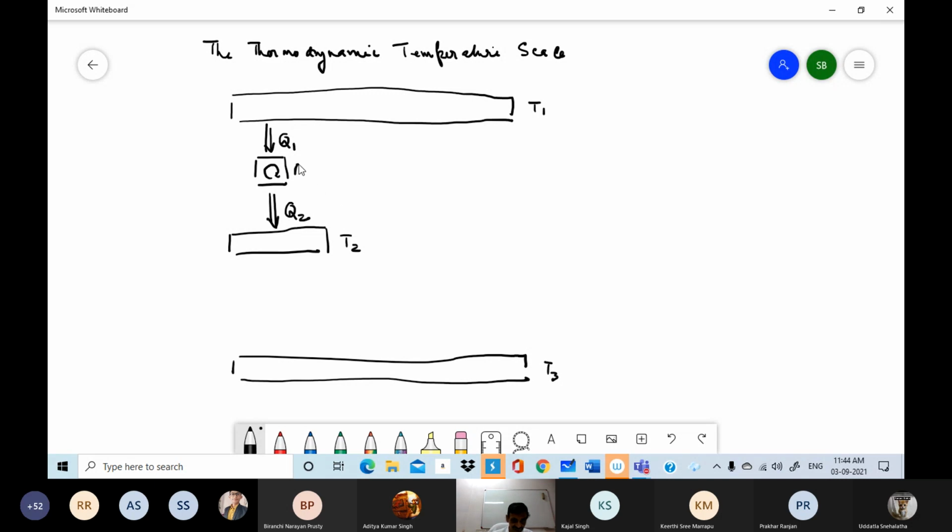And let's say this is heat engine A. It has work output WA.